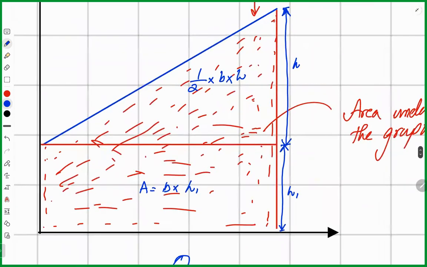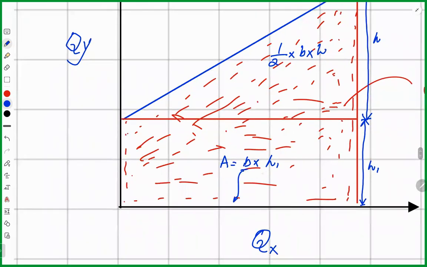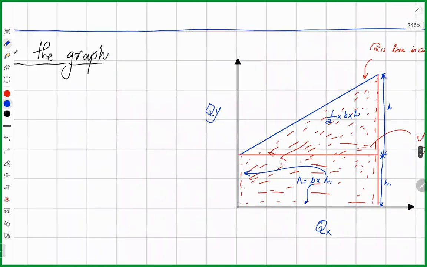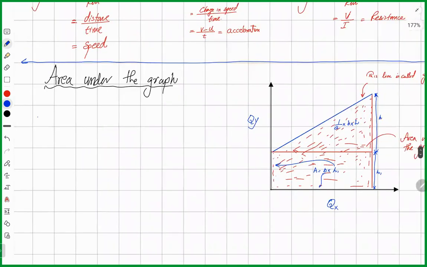In both cases, I hope you can see that base is coming from the x-axis and height is coming from the y-axis, and we are multiplying them. So quantity represented by area equals to quantity on y multiplied by quantity on x.